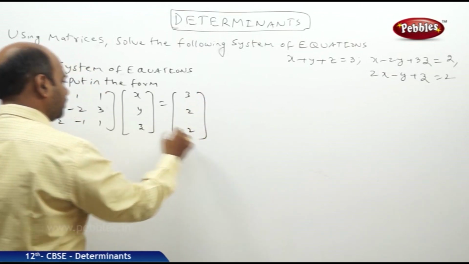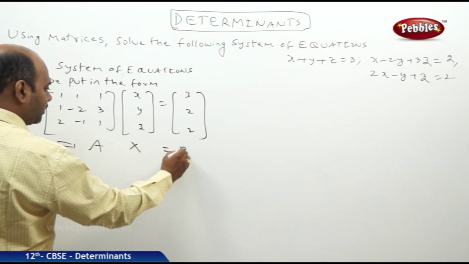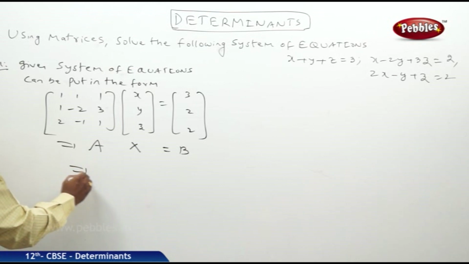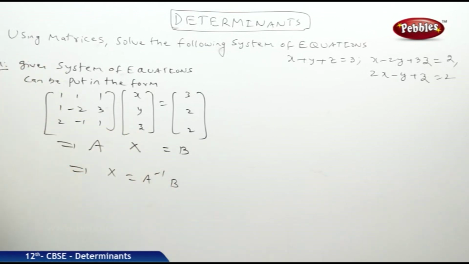This whole thing is A, this is x, and this is equal to b. So from this I can write x is equal to A inverse b.